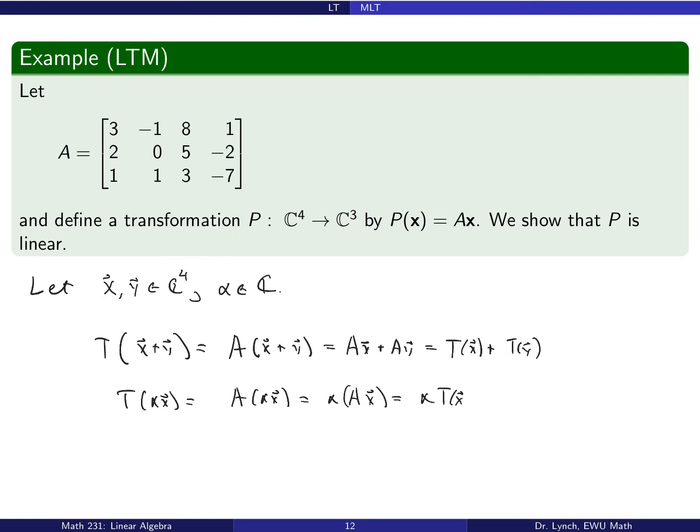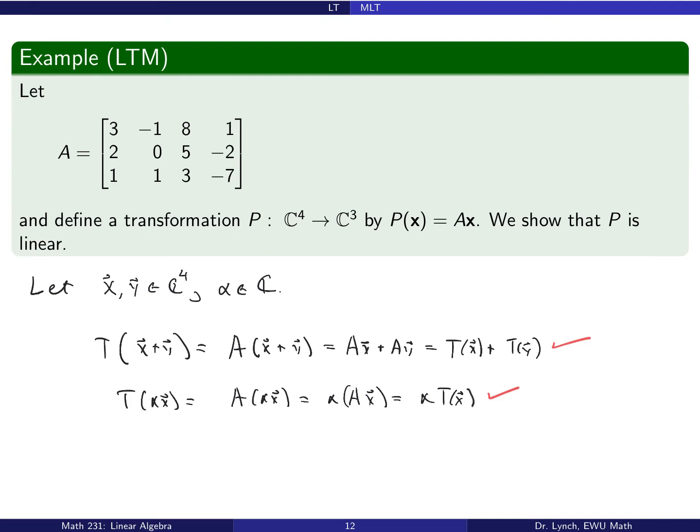Of course, this is just Ax plus Ay, which is the sum of the images. Similarly, the image of alpha x is A times alpha x, which is alpha times Ax, which is exactly alpha times T of x. So the image of a scalar multiple is also the scalar multiple of the image.